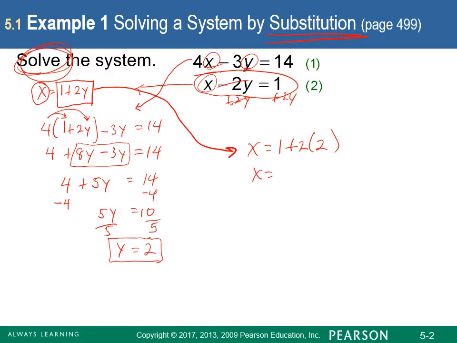And we find x to be 1 plus 4. Now, the last order of business is the proper way of writing the answer. The answer is written as an ordered pair, meaning with parentheses, and the x's first and the y second.